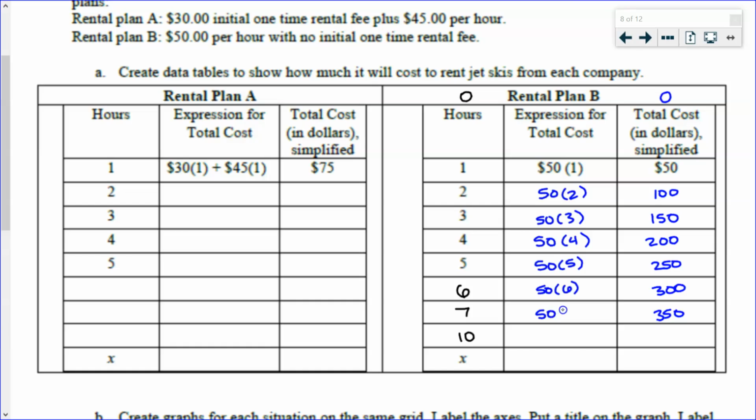Double check. Yeah, 50 times 7. Now let's skip ahead. 10 hours. Ryan? 5. Great. $500 because 50 times 10 is $500.